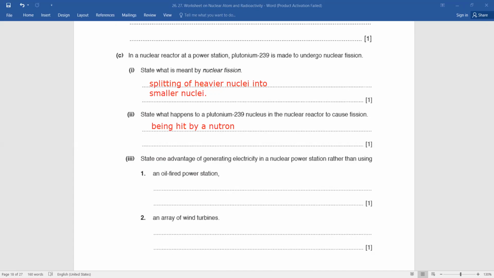Take one. Then continue. Next one. Write the answer a bit. I will read the question. Yes. State one advantage of generating electricity in a nuclear power station rather than using an oil-fired power station. Less carbon dioxide in the air.